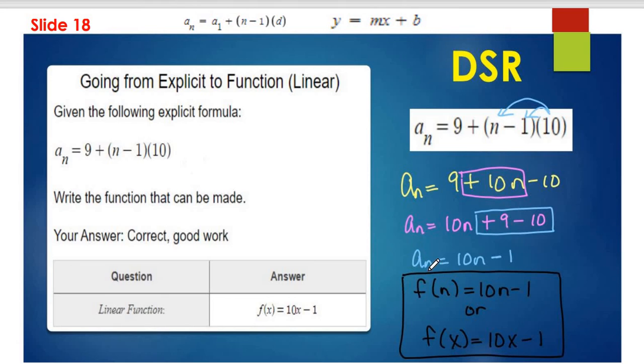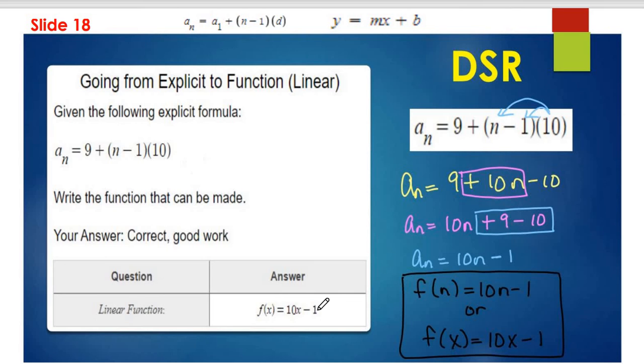Now you're going to replace it. You see that a sub n right here? You're going to replace the a sub n with f of n or f of x. The thing you have to remember is that once you replace, the n right here must also match. Those two must match. If instead of writing an n you put an x, you must put an x here as well as here. Those two areas must match.